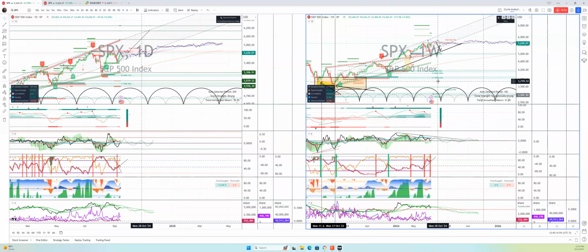But the next trough is going to be pretty much anywhere from, say, October the 28th to December the 23rd is the end of this weekly trough.